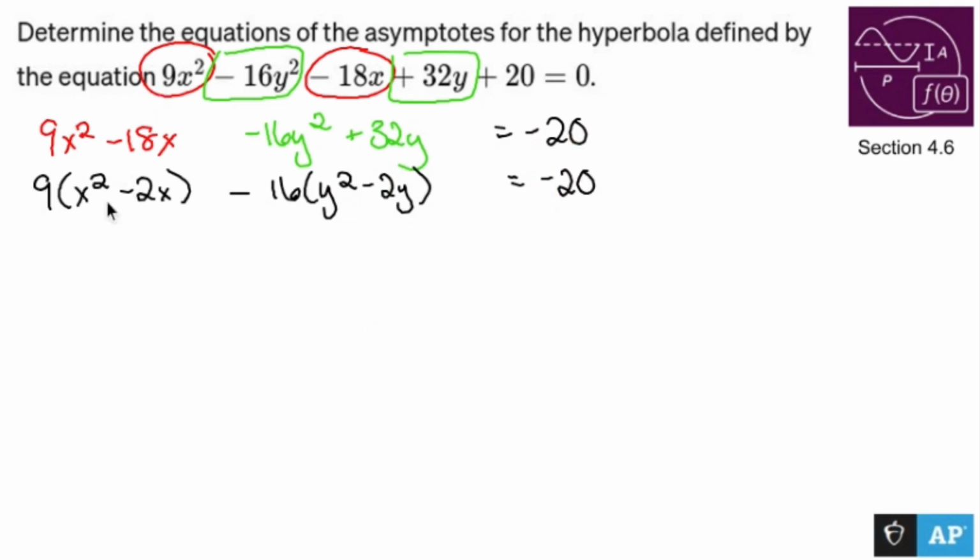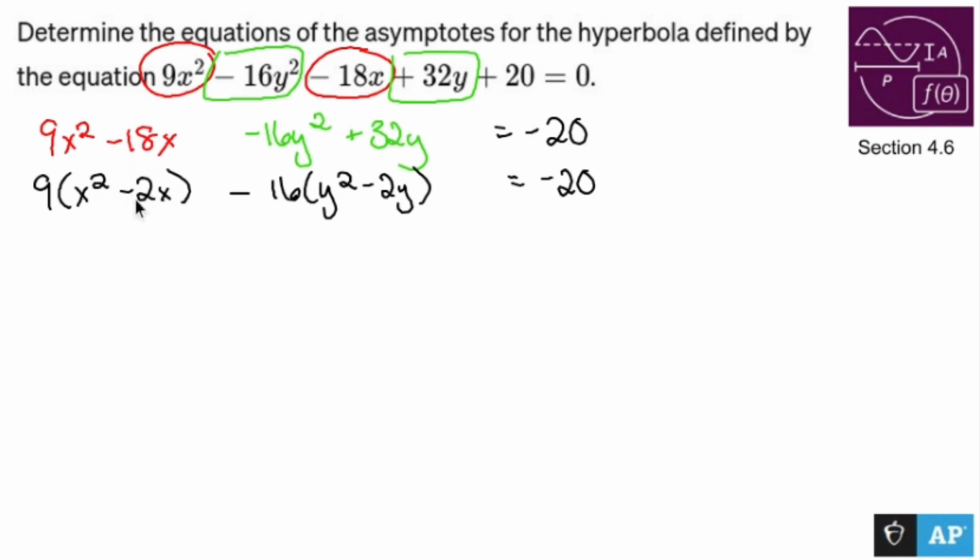Now, I'm not where I need to be. I'm not at all where I need to be. So this is what I need to do. I need to, inside this parentheses, complete the square.